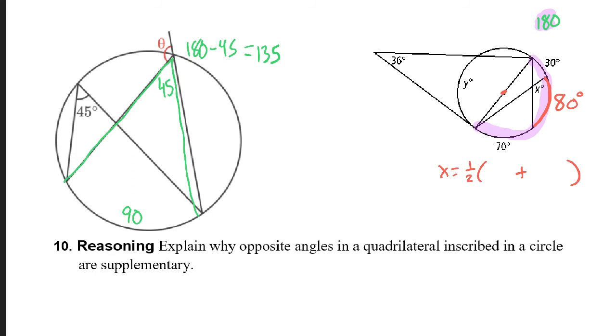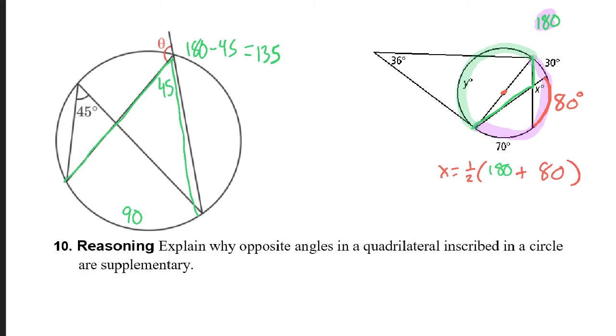So let's see. Well, actually, that's one of these, that's this 80 or the other. And then the other half of x, so to speak, x is also making up this arc here, because these two lines make that green arc, which is a whole half the circle.